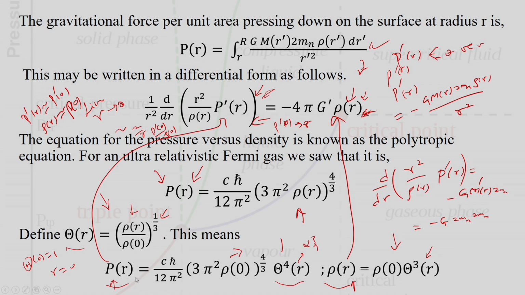The pressure and density of the electrons are basically theta to some power. If theta becomes 0, the pressure becomes 0 and density becomes 0, and we can identify that radius as the radius of the star, because at the radius of the star the pressure becomes 0 and there are no electrons left, and that is the boundary of the star.